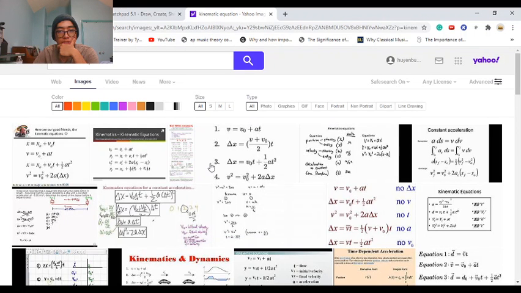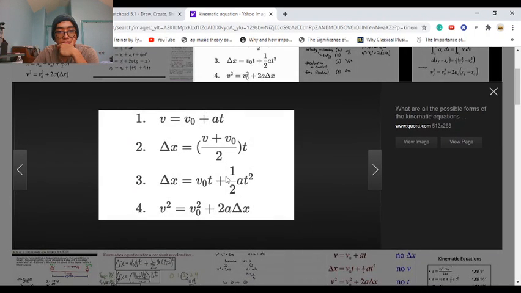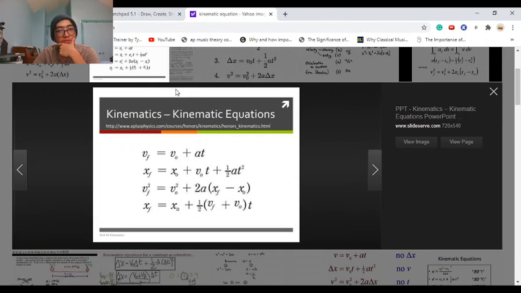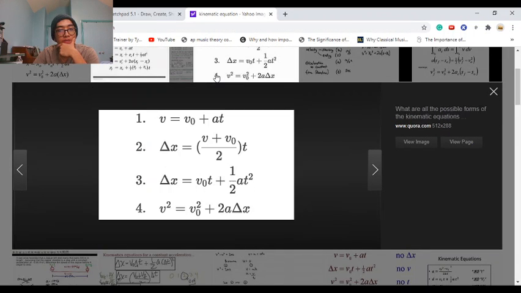I don't have it with me, so let's see here. It looks like I don't think you can find a way to solve for displacement if you don't. Well, actually, yeah, because you don't have time here.